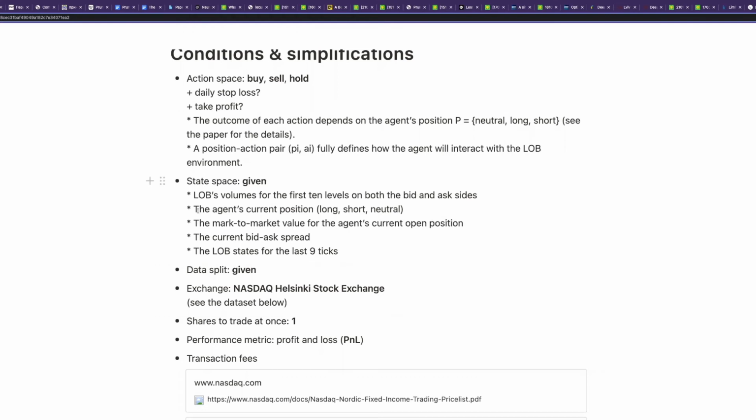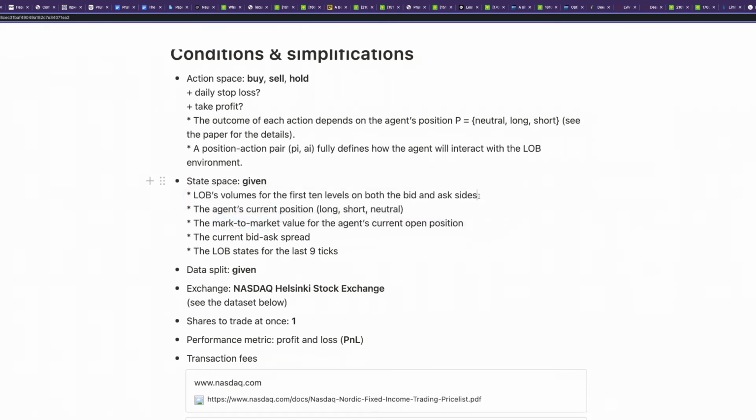The state space also contains the agent's current position. It is important meta information so that the agent knows where it is now to better consider future actions. This feature turns out to be useful. A mark-to-market value is the amount of shares multiplied by the current price of a share, and all of that concludes the current net worth of an agent.